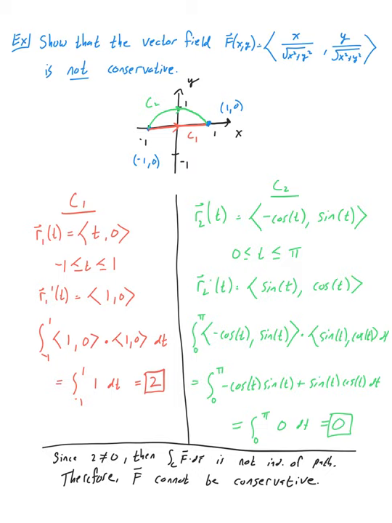The reason why it doesn't work in this case is because you'll notice that this vector field is not defined at 0, 0. So the region it's actually defined over isn't simply connected, which means that showing partial p partial y equals partial q partial x is not enough to show that the vector field is conservative.